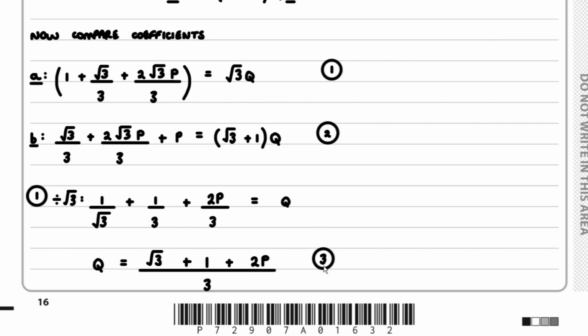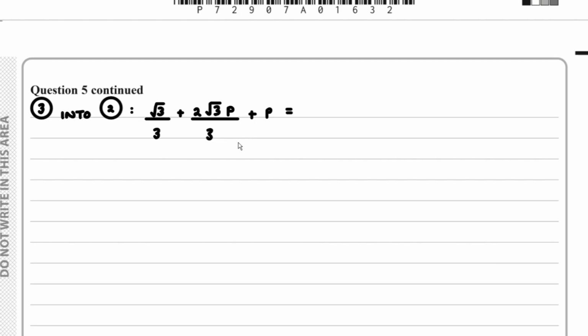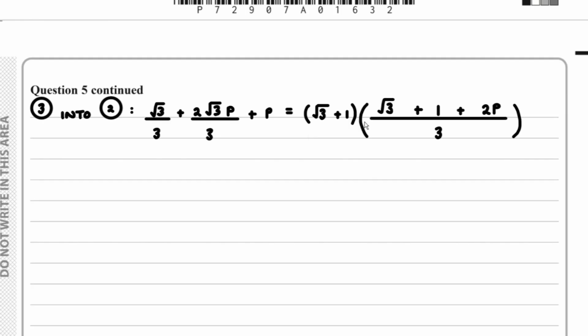And now I will substitute in equation 3 into equation 2, and that will eliminate this q. So I've got √3 plus 2√3p/3 plus p, which is equal to √3 plus 1 multiplied by q, and here is what q is. That's √3 plus 1 plus 2p all over 3.